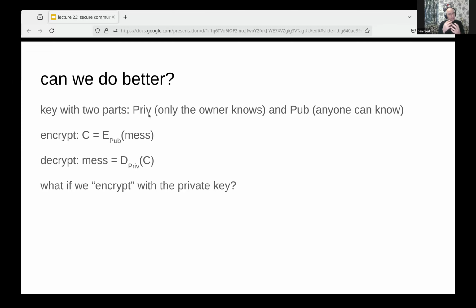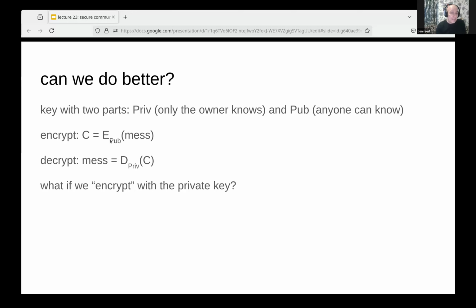And then there's the other part of the key, which is called the public key. And this public key, everyone can know. And actually, usually we want everyone to know the public key. So we have a secret that only I know, and connected with that secret is a public part that everyone knows. Okay, so and we can encrypt and decrypt with it.